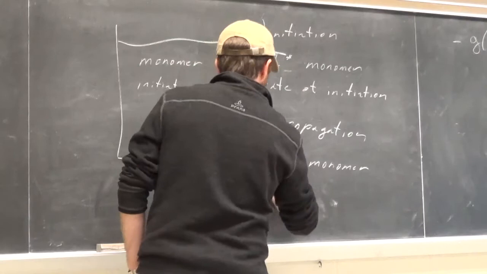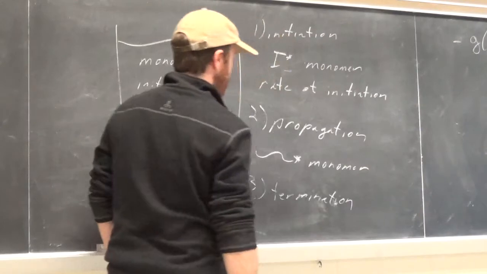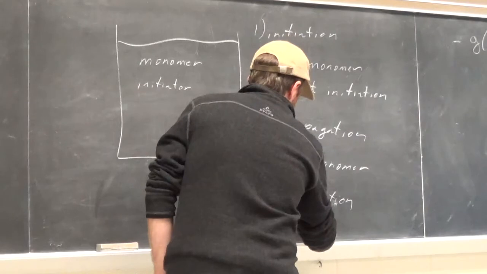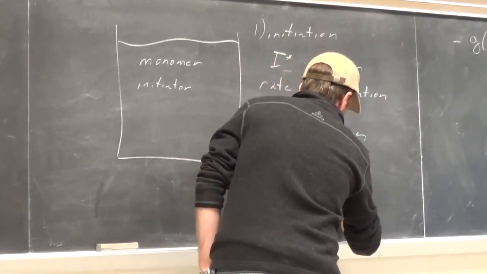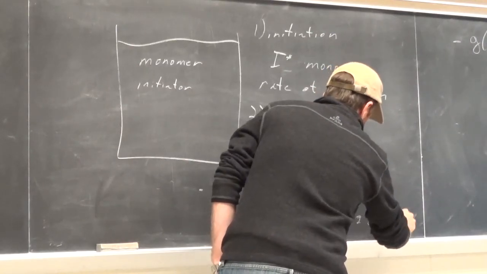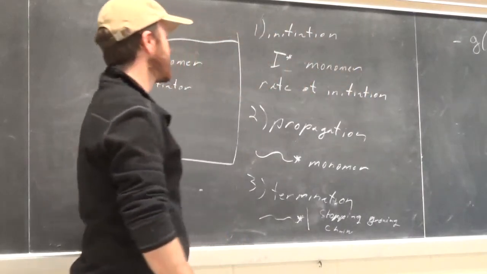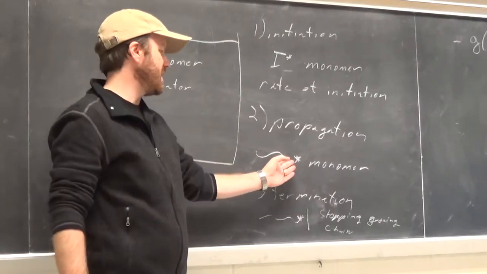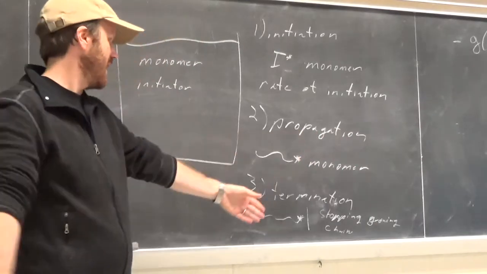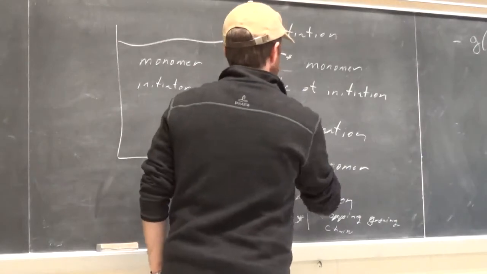And then we have termination, and termination refers to basically stopping growing chains. So it's really the propagation step, the rate at which the growing chains add monomer, that builds your molecular weight, and then termination is going to work against that. Termination is going to stop the growing chain end.